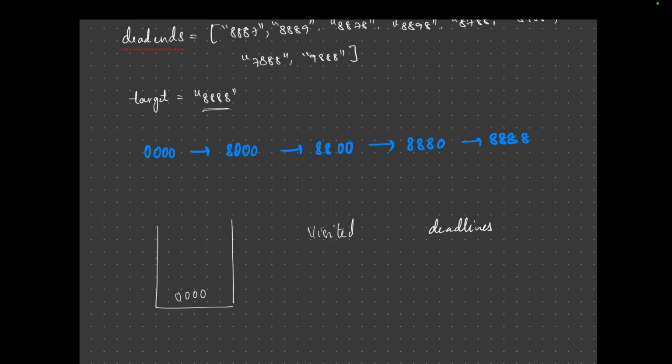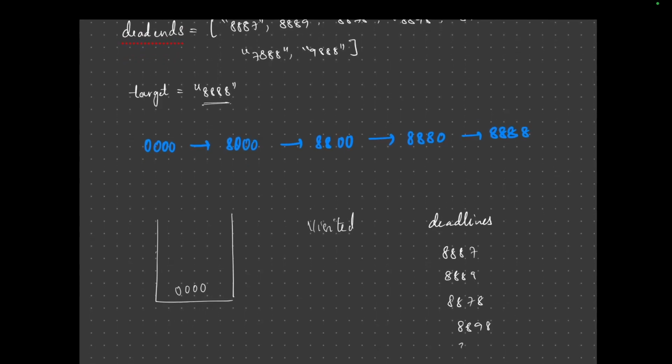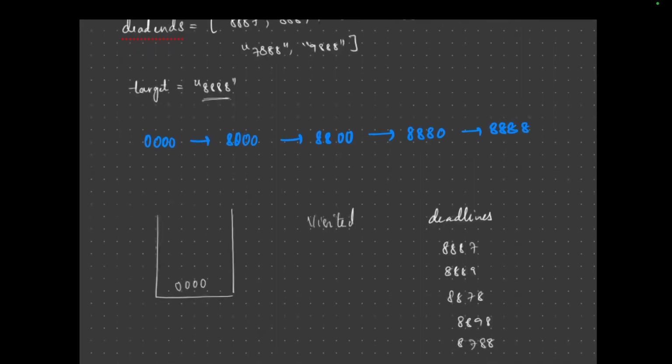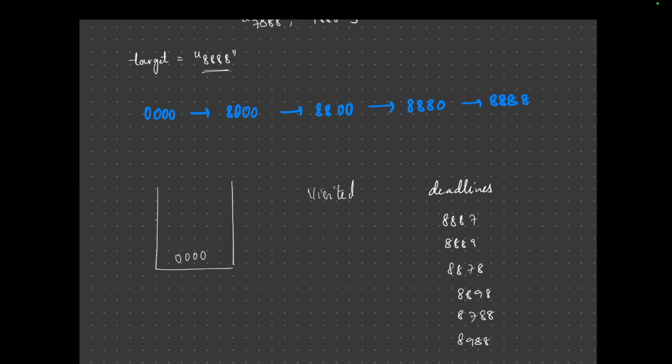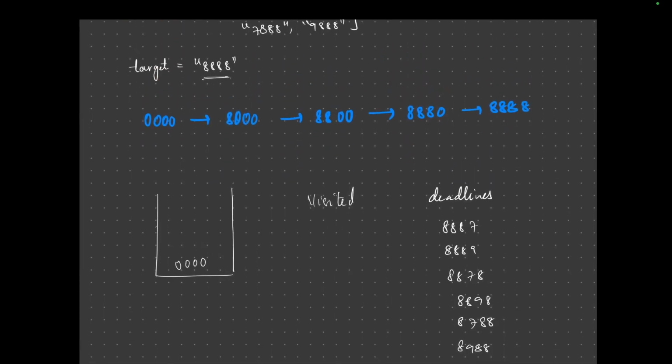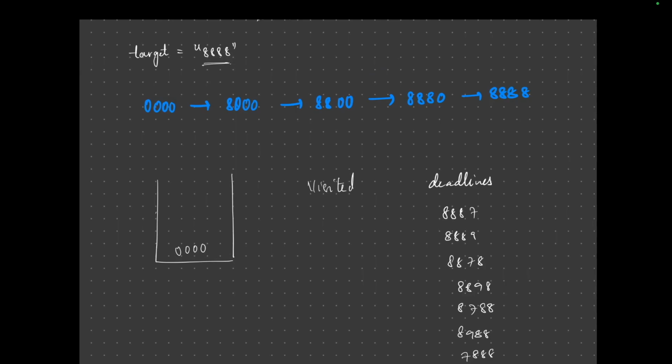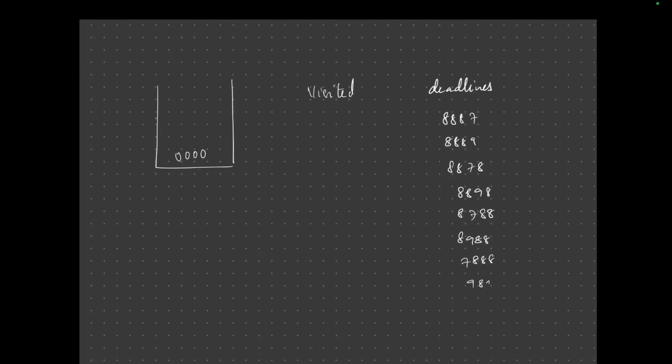I'll quickly note down the deadends and let's solve this question using this BFS approach. Okay, so these are the deadends that we have, and we have visited nothing, right?